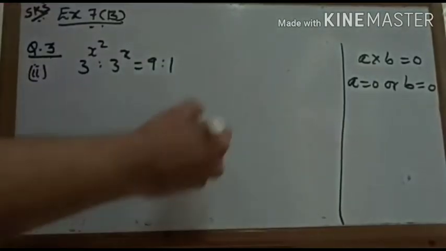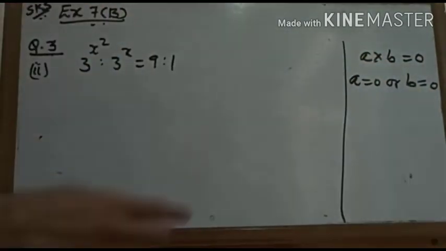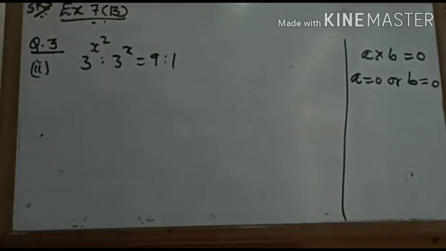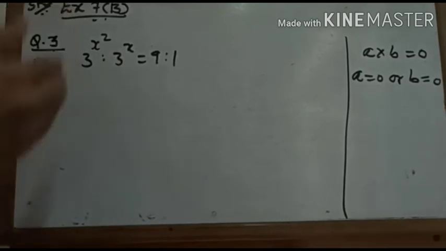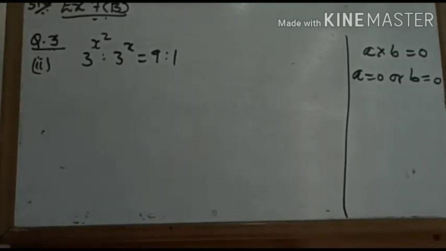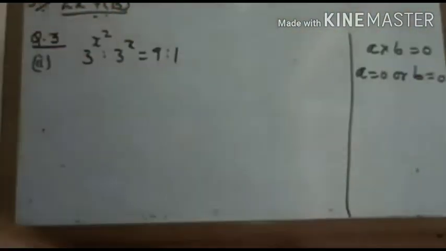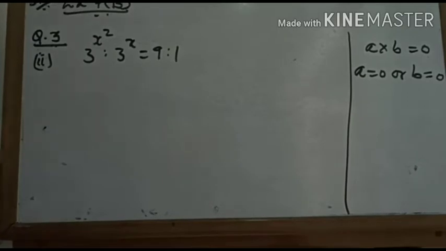Either of the numbers has to be 0, otherwise the product is not 0. We need to know this concept along with factorization, and only then will we be able to solve this. Of course, it is a question based on indices, laws of indices, along with factorization and this particular concept. So it's not difficult. It's a chain of things you need to remember.